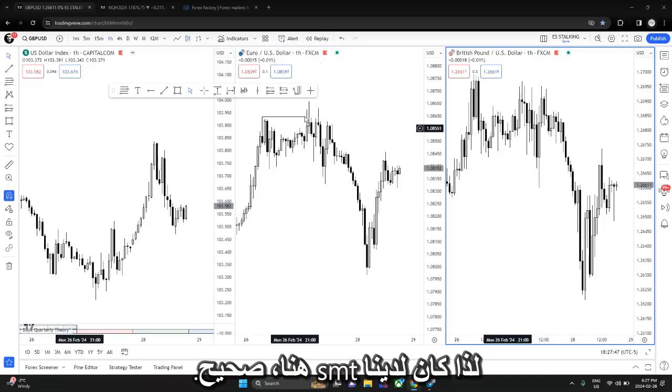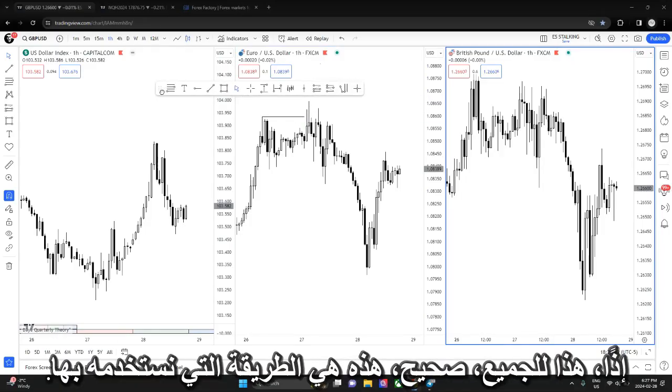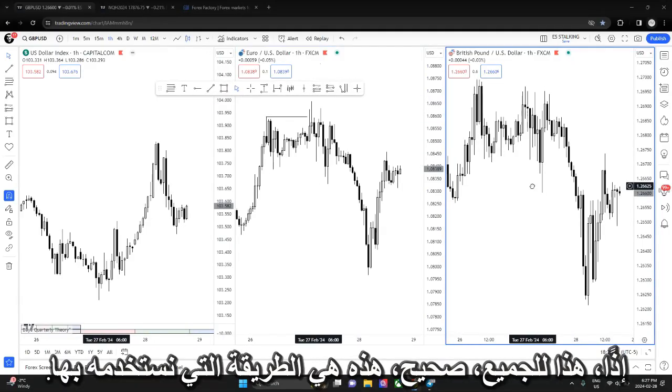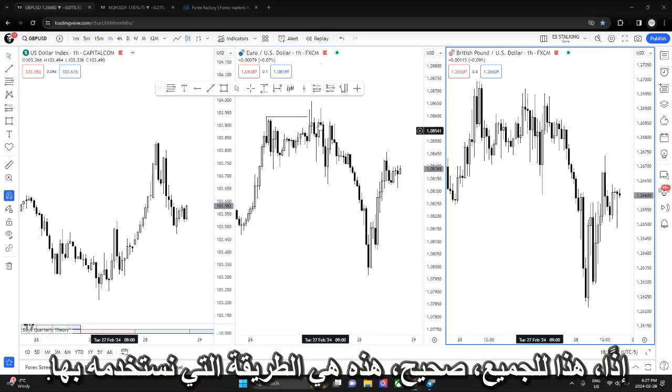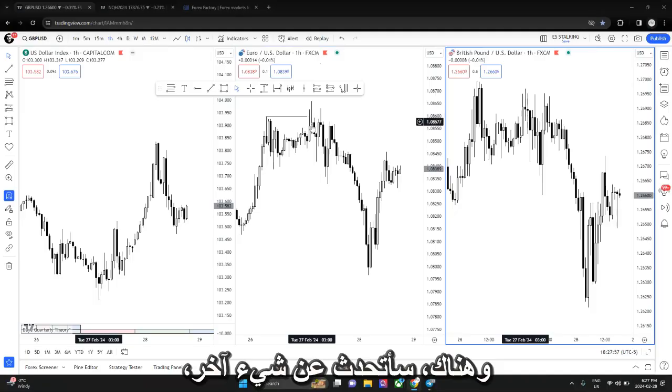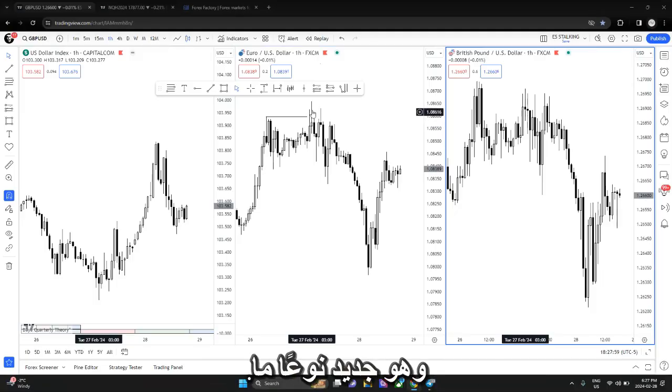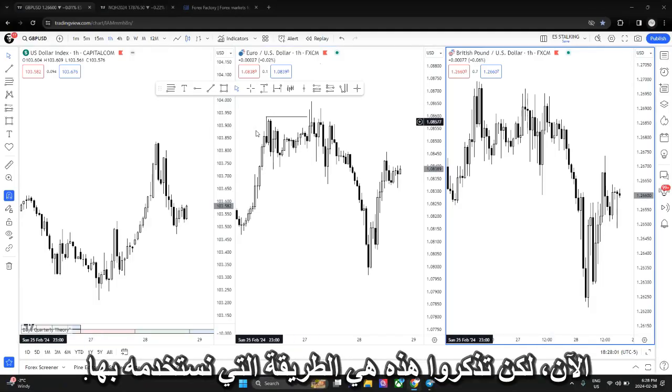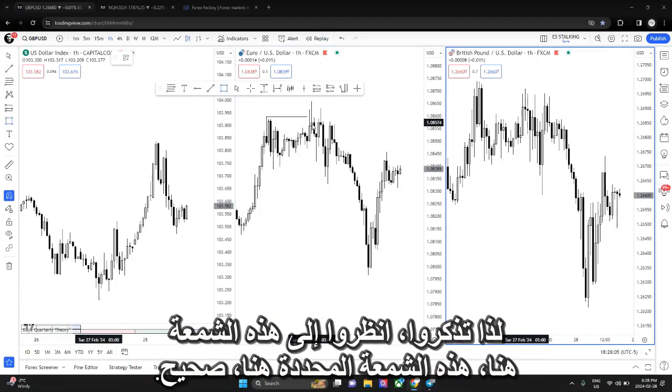So we had SMT here, right? So this is for everyone, right? This is how we use it. And I'll talk about something else that's pretty new right now, but remember, this is how we use it. So remember, look at this candle right here, this specific candle right here, right?